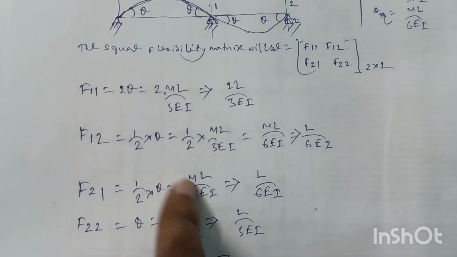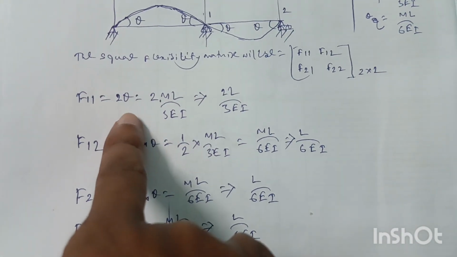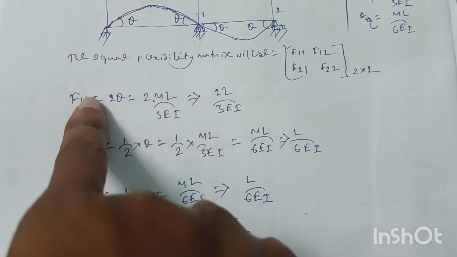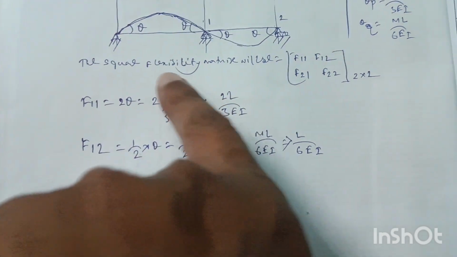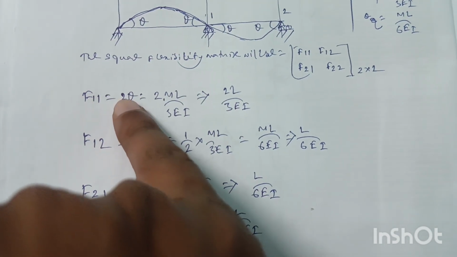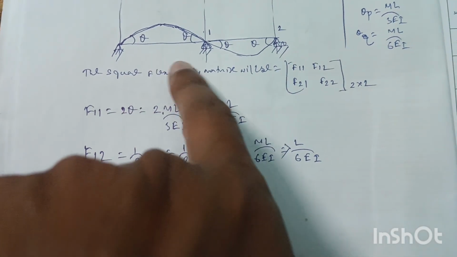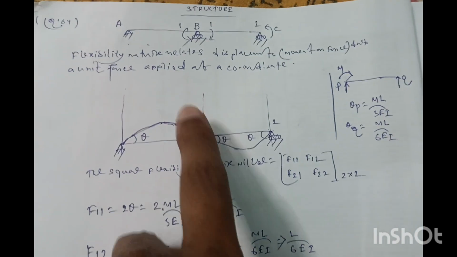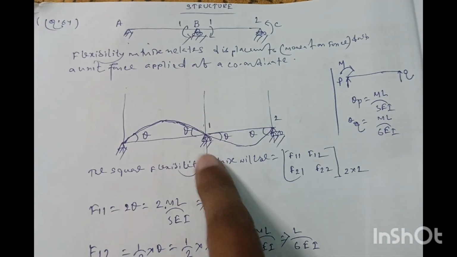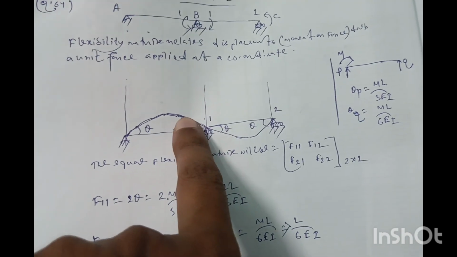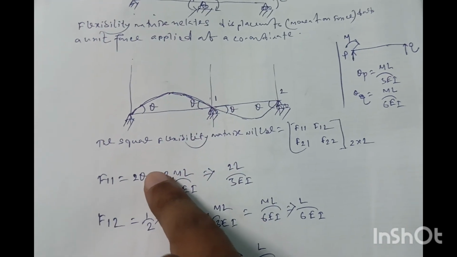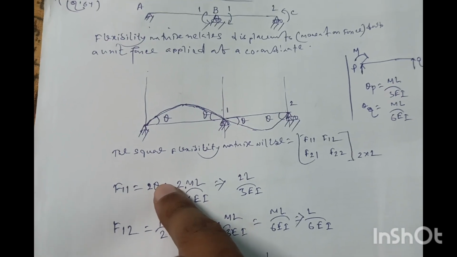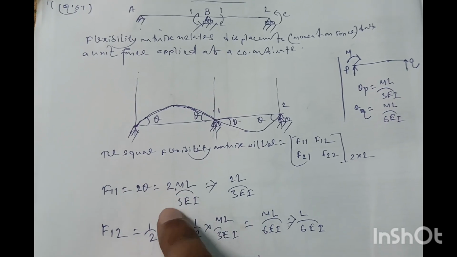So now we will calculate the flexibility value F11. F11 means the flexibility at coordinate 1, because moment is applied at both ends, so theta plus theta equal to 2 theta. So the slope will be 2 times at coordinate 1.